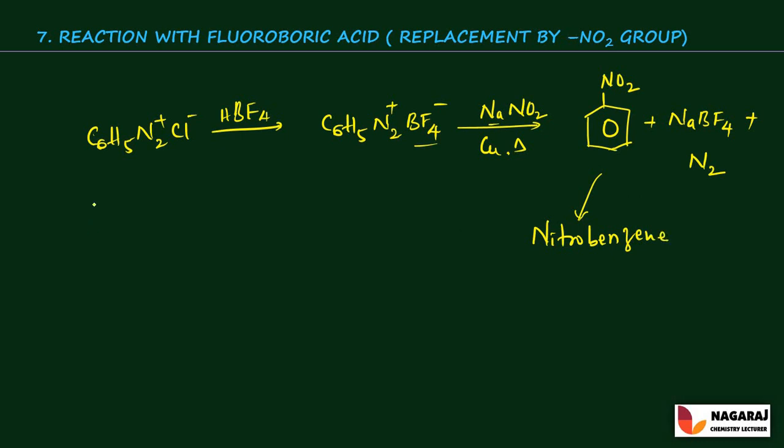That is, when benzene diazonium chloride is treated with fluoroboric acid, it gives benzene diazonium fluoroborate, followed by heating with aqueous sodium nitrite solution in the presence of copper, giving nitrobenzene.